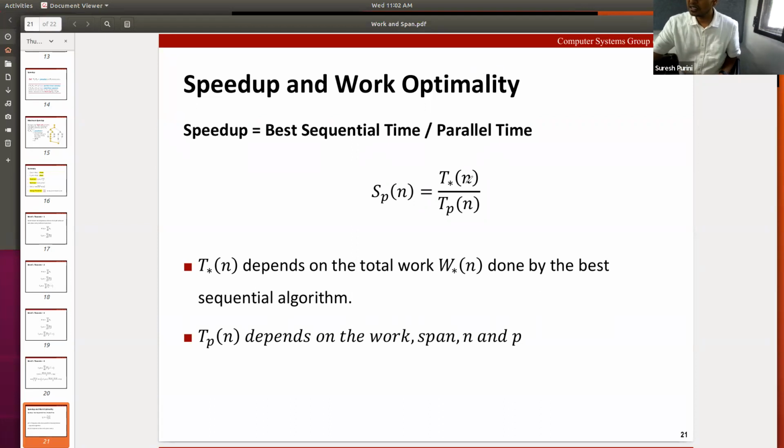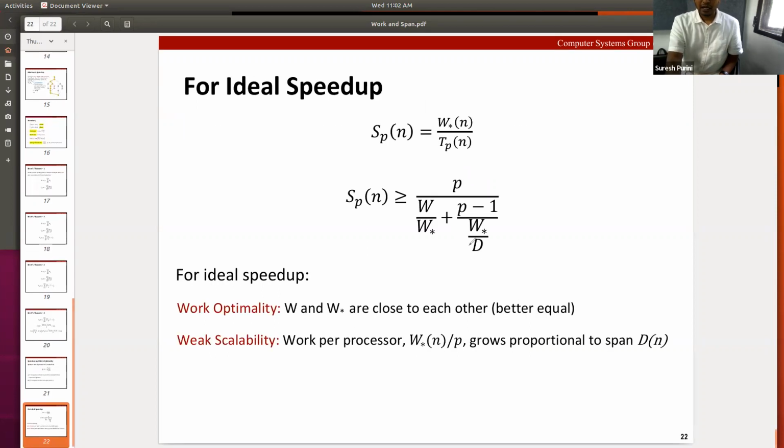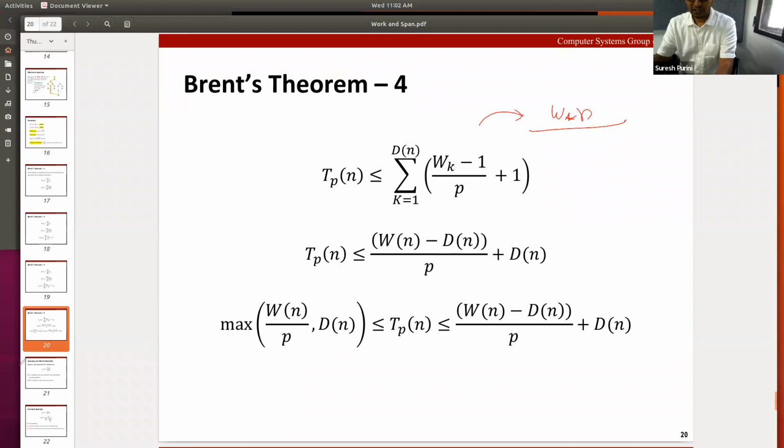So again, remember, T star n is the best serial time, T_P n is the parallel time, and W star n is the work done by the serial version of the program. Okay. So now, if you simplify this one, what did we get?